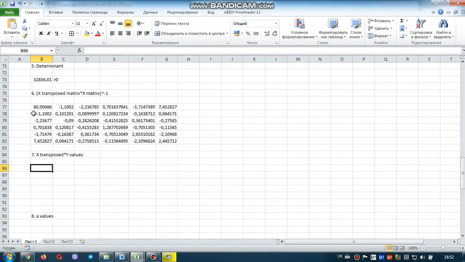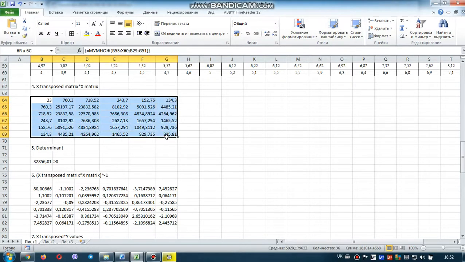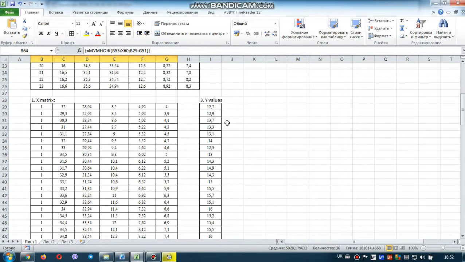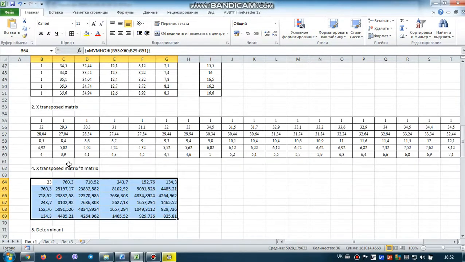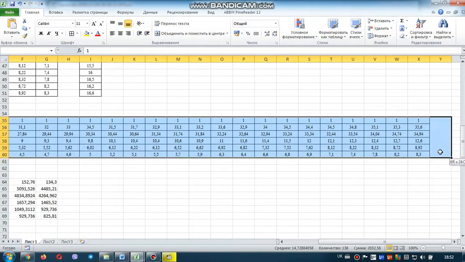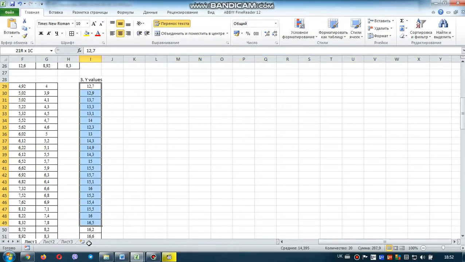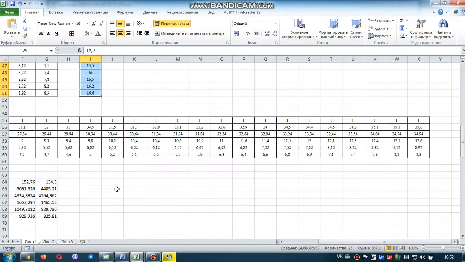We have to select our transposed matrix. Not this one, but this. We have to select our transposed matrix in our formula and the y values.